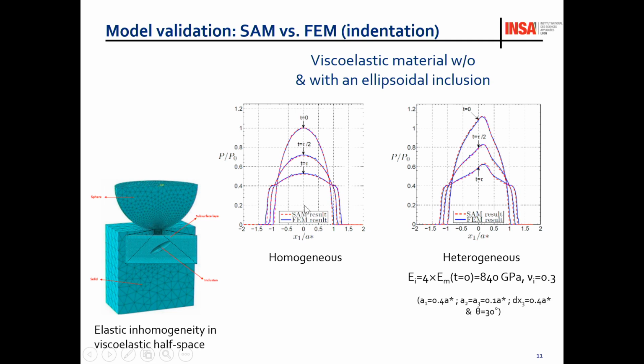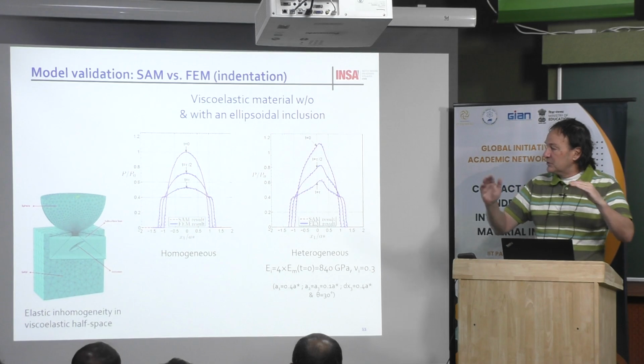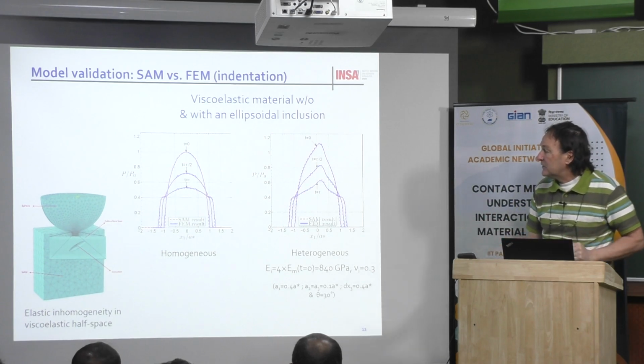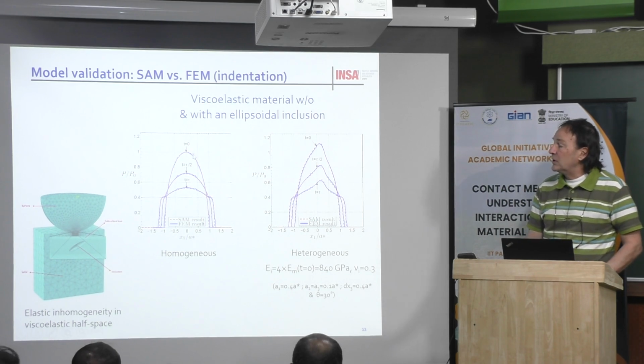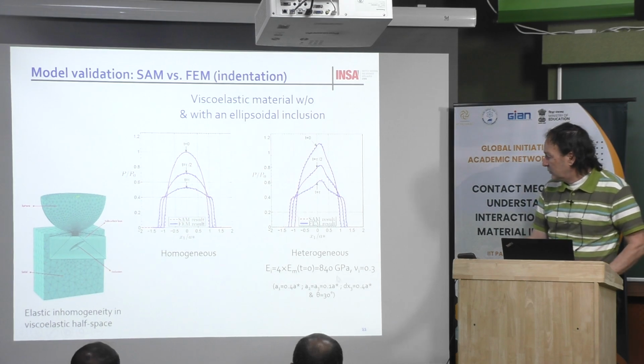And then, as I said before, you keep the load constant, and you will see that the pressure will diminish, will decrease, and the size of the contact will increase. Just to show you that we have a good correlation between our numerical technique, some analytical method, and the finite element model, here we added a heterogeneity, which is an ellipsoid.